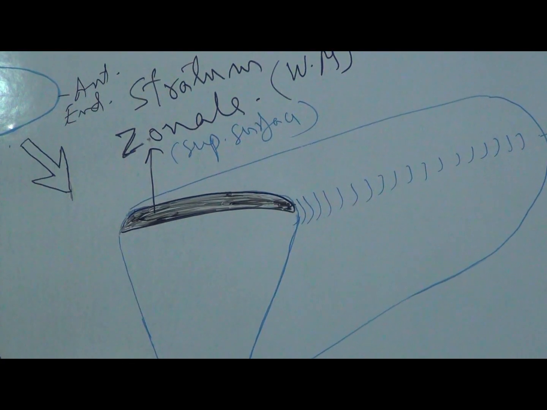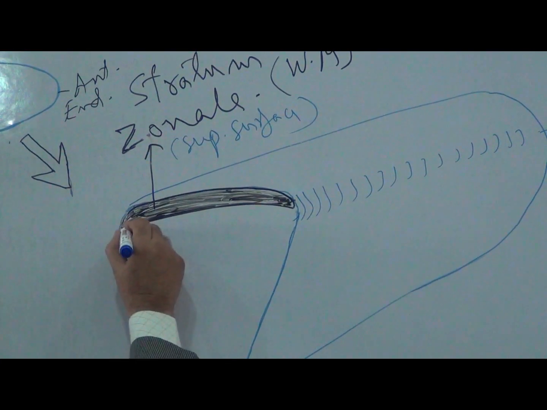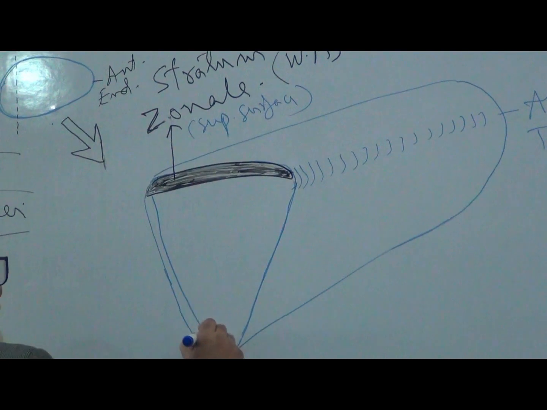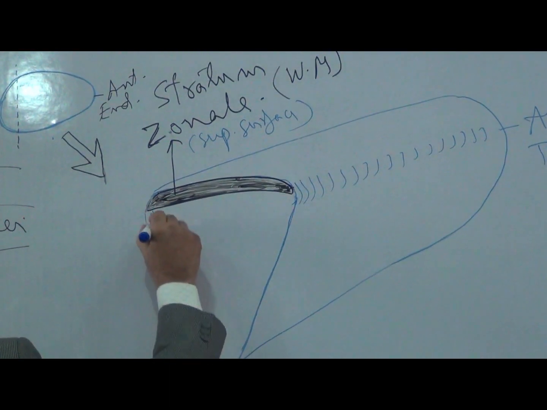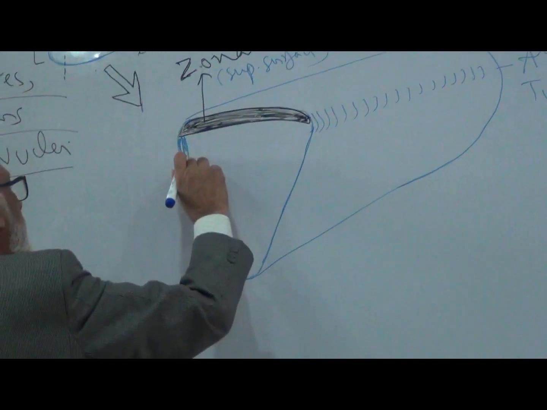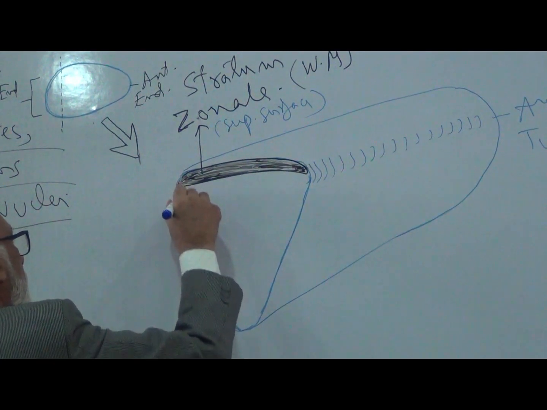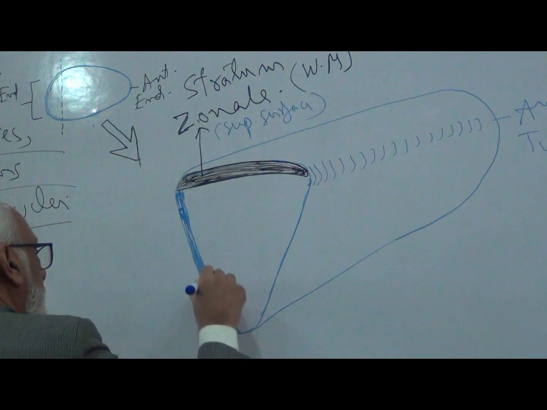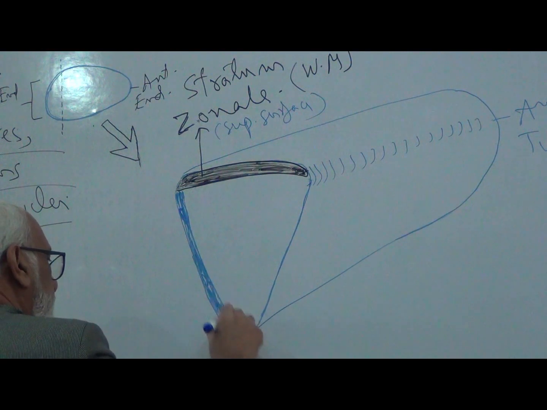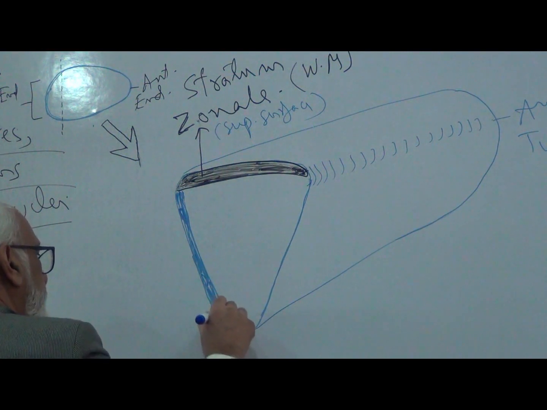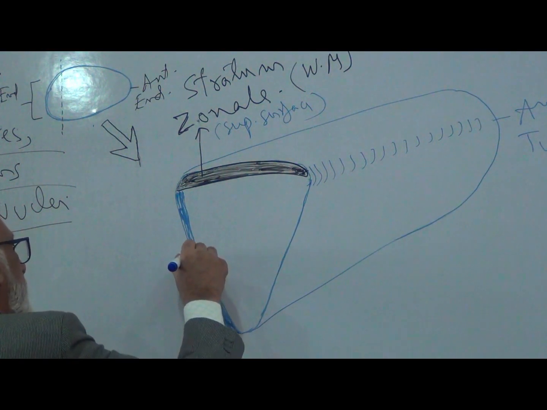Then the lateral surface is also covered by a layer of white matter known as the external medullary lamina.